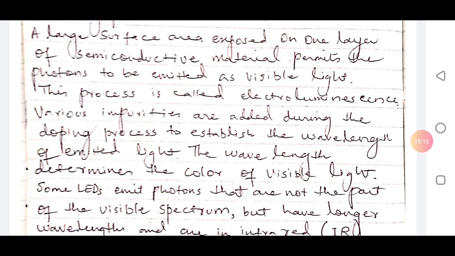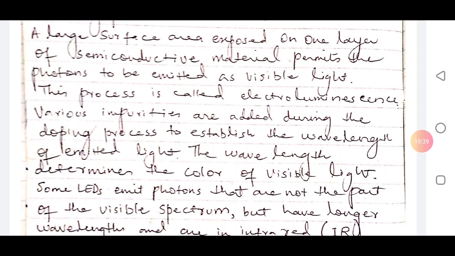Various impurities are added during the doping process to establish the wavelengths of emitted light. Again, LEDs are manufactured in the industries. There is a factor of doping by which we can control the wavelength of the emitted light. We add impurities and make the semiconductor material extrinsic.